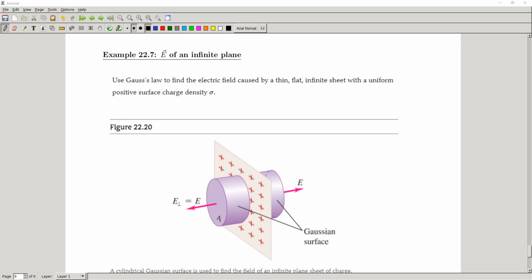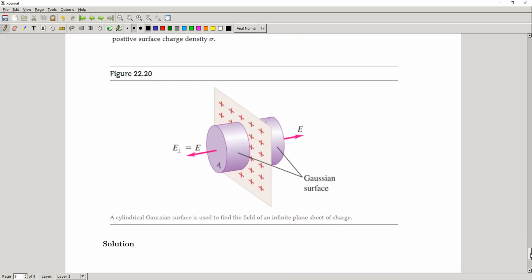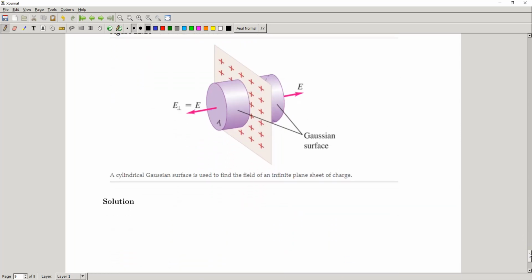Okay, so electric field outside of an infinite plane with some charge density sigma, right? So here's our infinite plane. And so they've only drawn a couple of electric field lines here. So we know that outside of this plane, we're going to have our electric field looking like this on both sides, right?